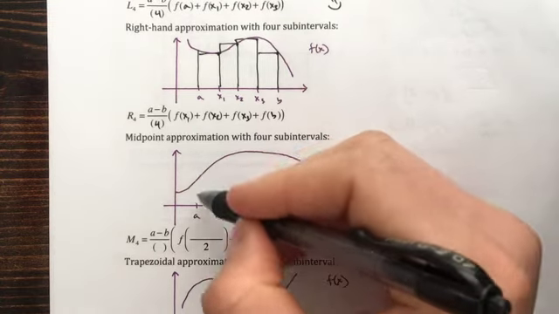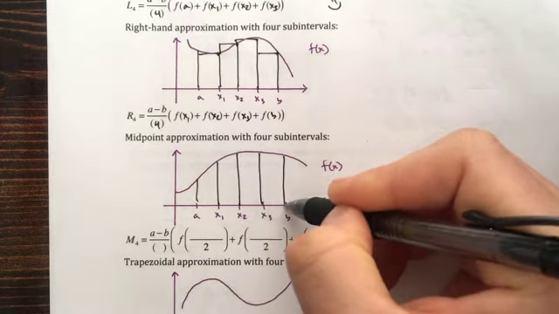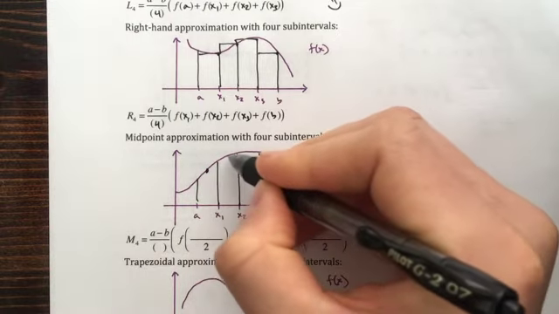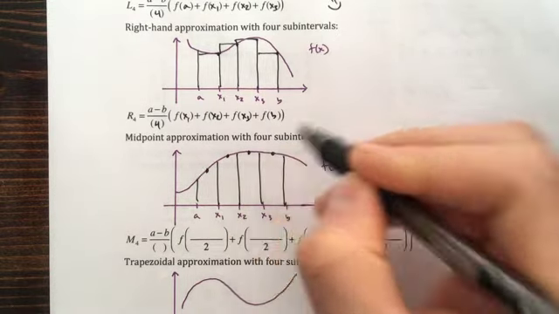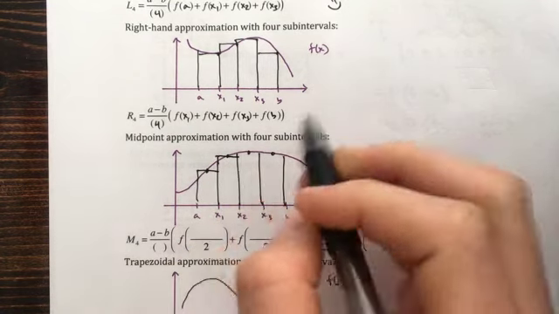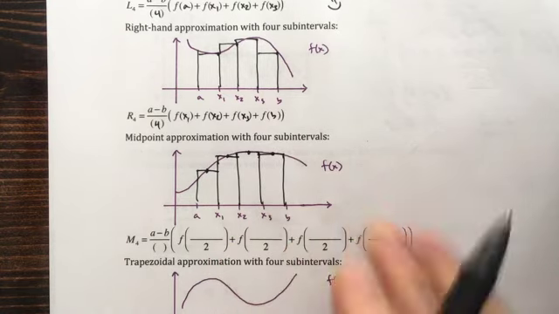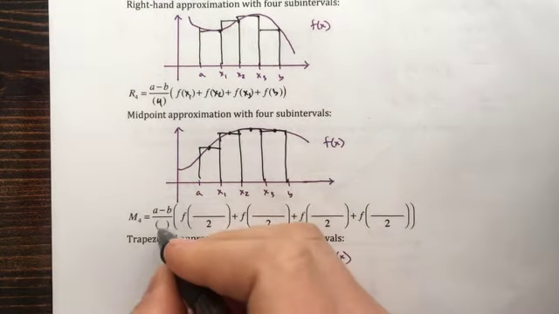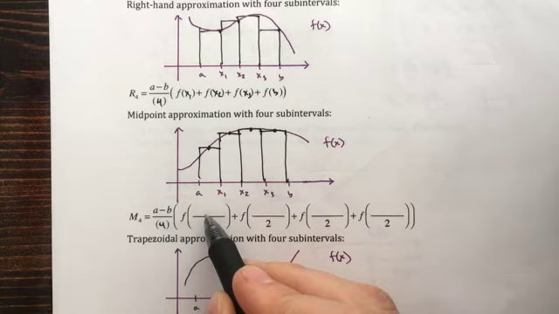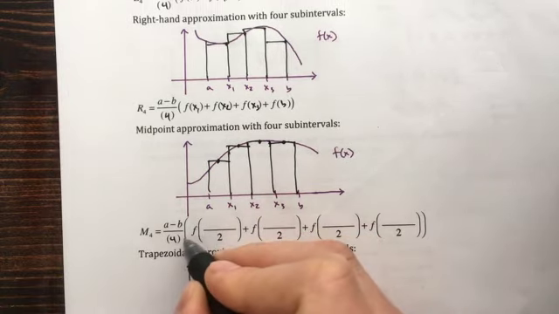Midpoint with 4. So midpoint, we're using this now. Midpoint is kind of a pain, but it's not a bad approximation necessarily. Not the same as trapezoidal, right? We're still getting rectangles. And so b minus a over 4 again, and this is going to be the average x value that we're plugging into the function.